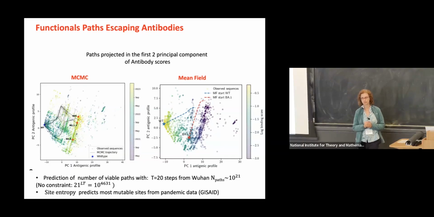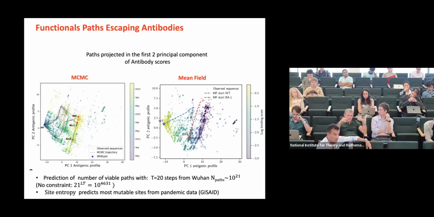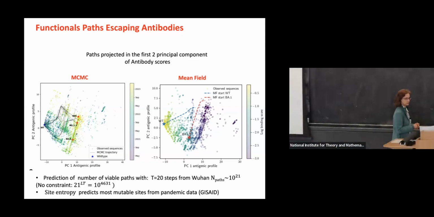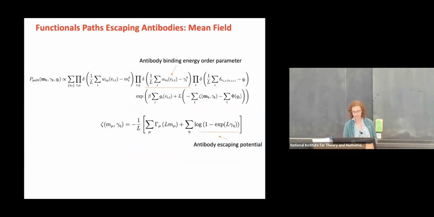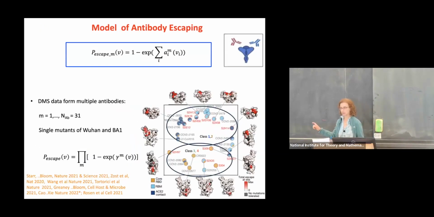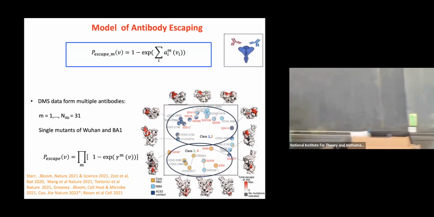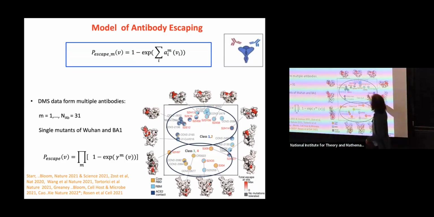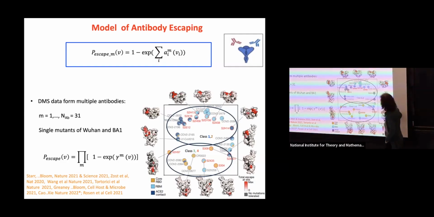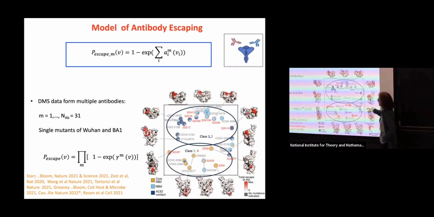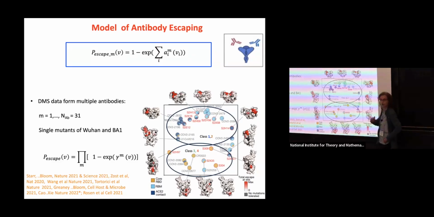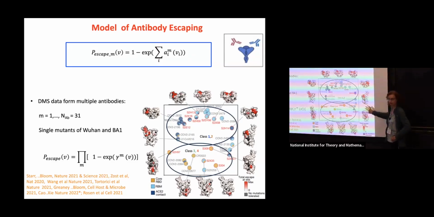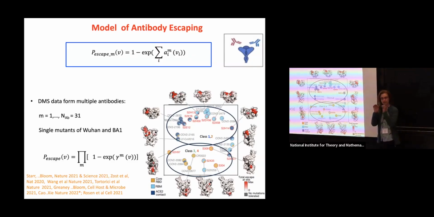But these experiments cover all possible mutations in the viral sequence, so how broad a set of antibodies is being tested? Yes, there are a lot of antibodies. In the model, we put about 30 antibodies. The group of Jesse Bloom has tested about 30 antibodies: how each variant of the receptor binding domain binds or not to the antibody, and from this we fitted the binding constant.